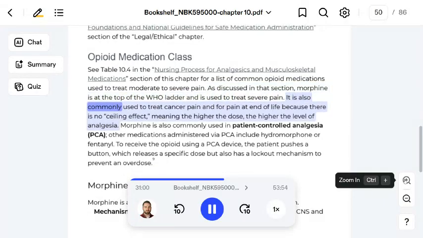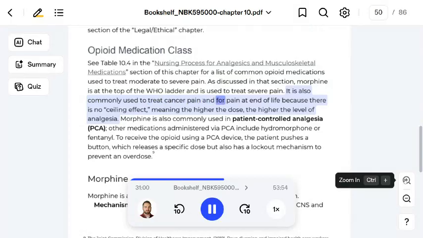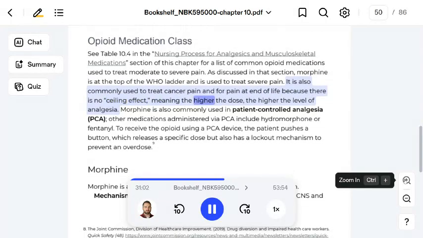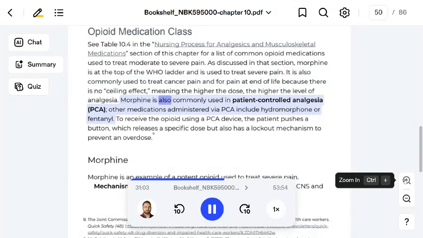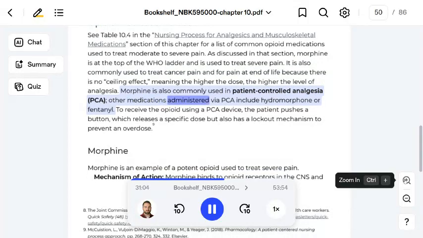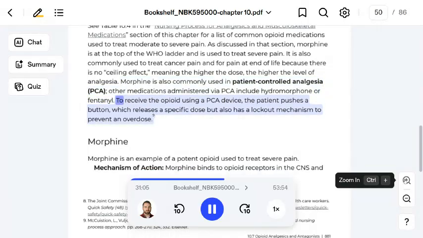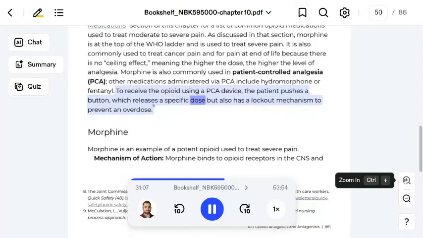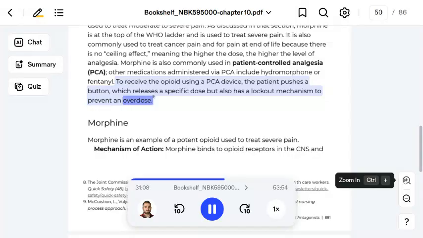It is also commonly used to treat cancer pain and for pain at end of life because there is no ceiling effect, meaning the higher the dose, the higher the level of analgesia. Morphine is also commonly used in patient-controlled analgesia. Other medications administered via PCA include hydromorphone or fentanyl. To receive the opioid using a PCA device, the patient pushes a button, which releases a specific dose but also has a lockout mechanism to prevent an overdose.